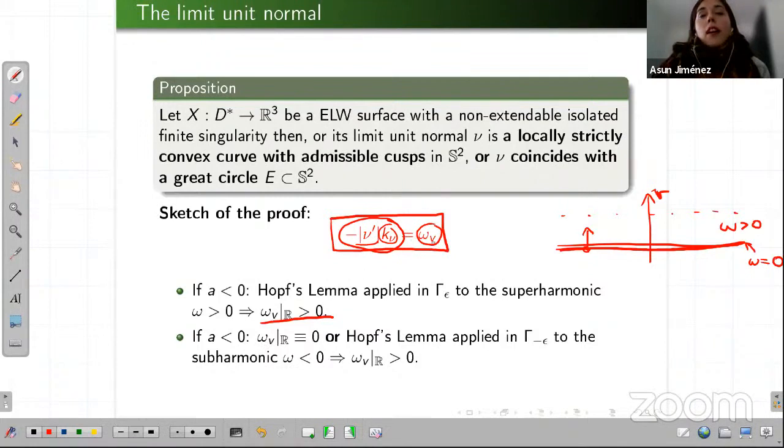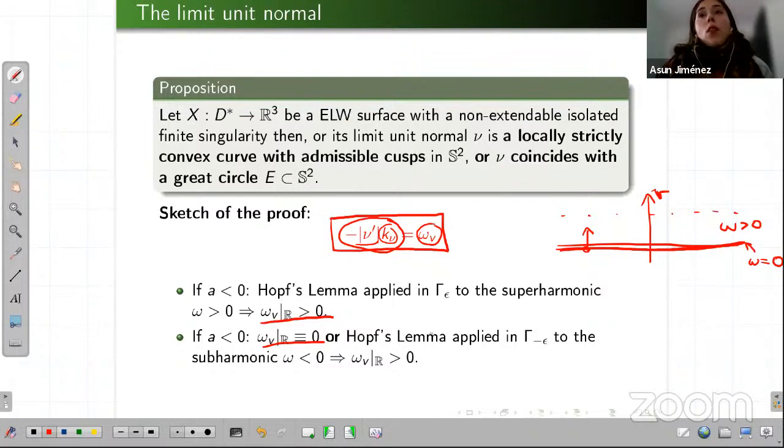Either omega v is identically 0, or it has isolated zeros, because it is an analytic function, a real analytic function. If omega v is identically 0, it means that you are on one great circle, you are on the equator.